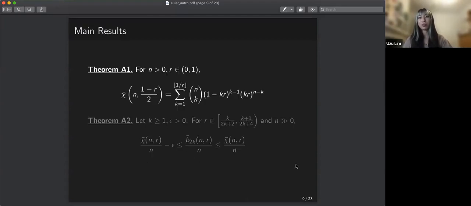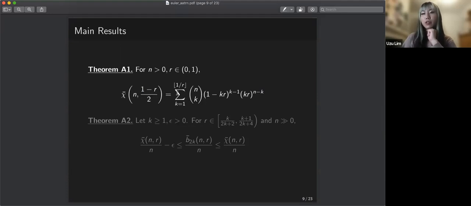So let me introduce the main theorems. There will be theorem A1, A2, and B and C. A1 is the expected Euler characteristic exact formula. I've reparameterized R here, and it becomes a summation of these polynomials. You sum up to floor of 1 over R, where R here is actually a variant of the filtration radius, 1 minus R over 2 here right now.